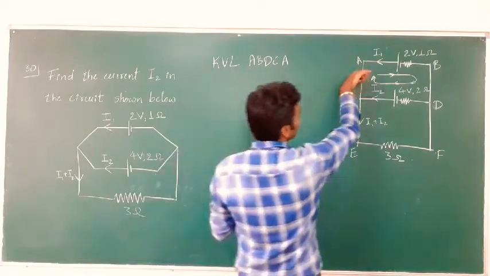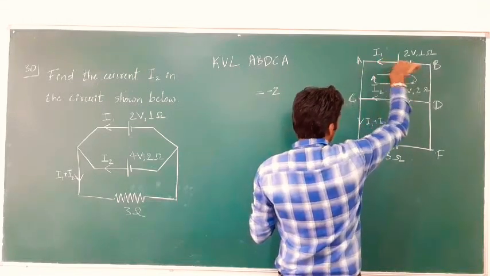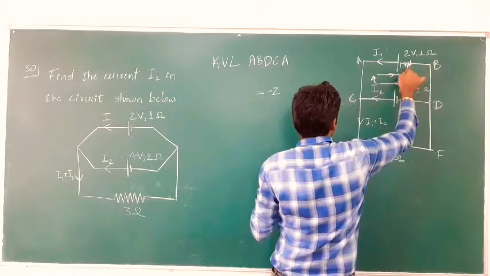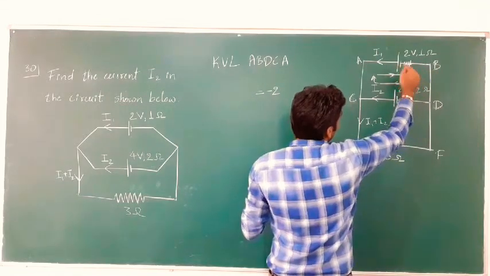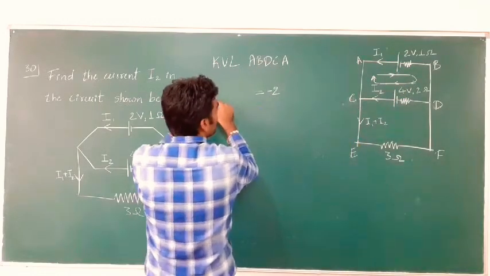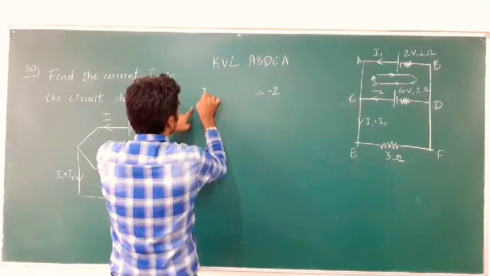Then I move ahead and get a resistor here of 1 ohm of the same cell, through which current I1 is flowing. So now it is 1 times I1, or IR, is what I should put, right?